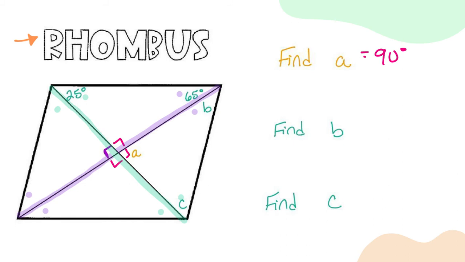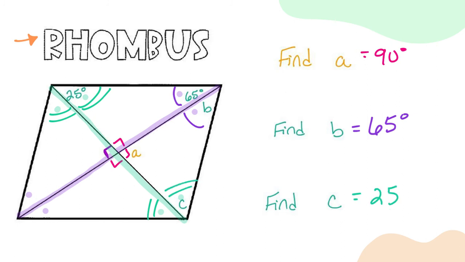And so when I go ahead and I'm looking, I see that 65 must be congruent to B because they share a diagonal. And that property, remember, is that diagonals bisect opposite angles. And then when I'm looking at my green diagonal, 25, this is going to be congruent to all 4 of those parts. And so that's going to be congruent to C. So C is equal to 25 degrees.